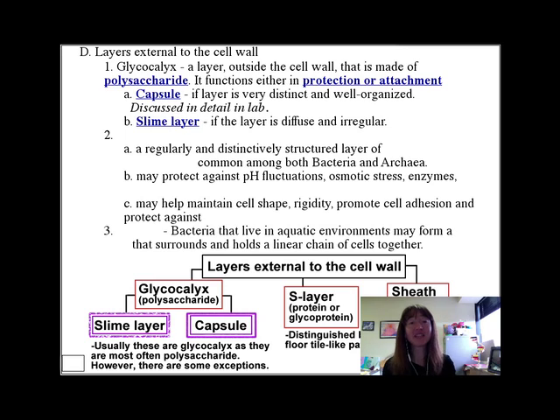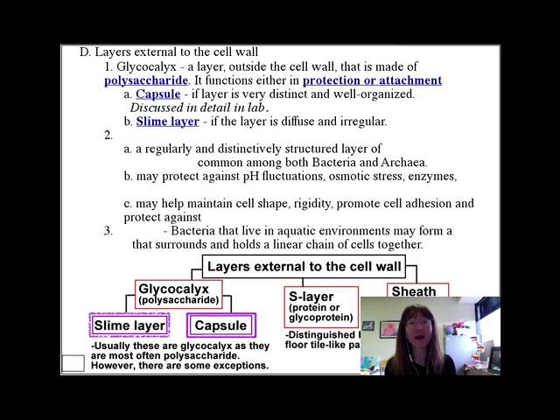It keeps the bacterium from being attacked, for example, by a phagocytic white blood cell or by an amoeba cell trying to eat it and engulf it. It can also protect the cell from hydrophobic toxins that don't want to pass through that really water-filled layer. So it's a very protective sort of layer.